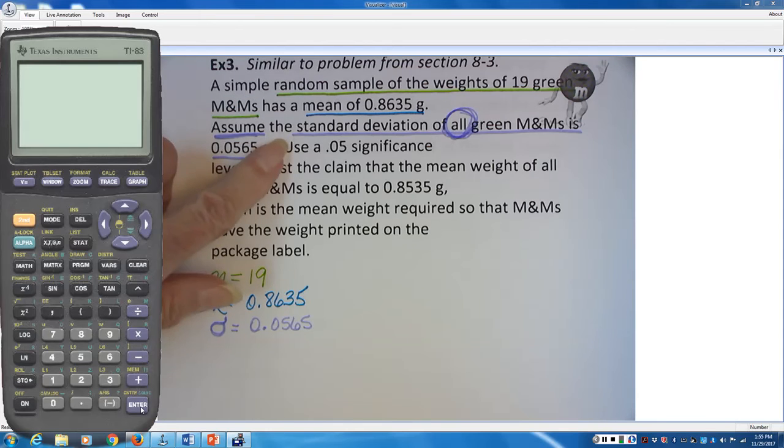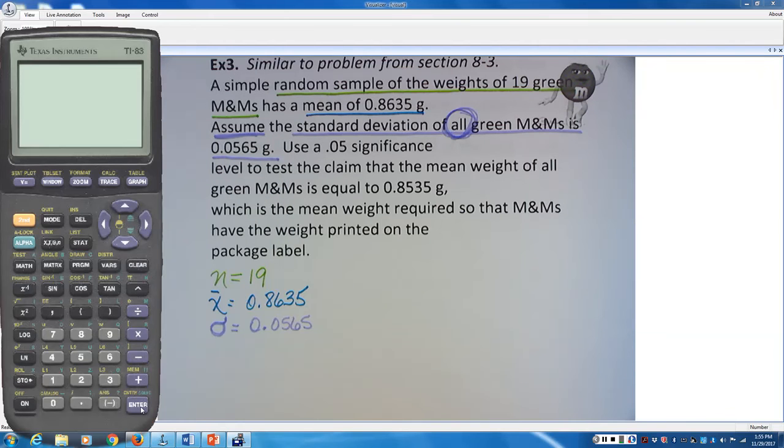Now, if you're wondering how would they know that? Well, they would know that based upon the fact that there's a machine that makes M&Ms. It measures out little amounts of chocolate into those little molds and molds it into little round pieces of chocolate candy, and then it runs through another machine that drops those little round pieces of candy into that hard shell candy coating and takes them back out and lets them drain.